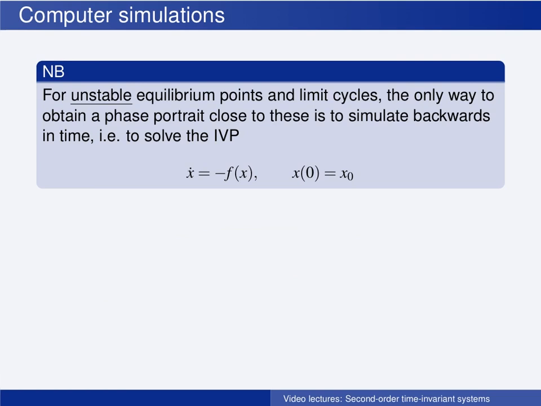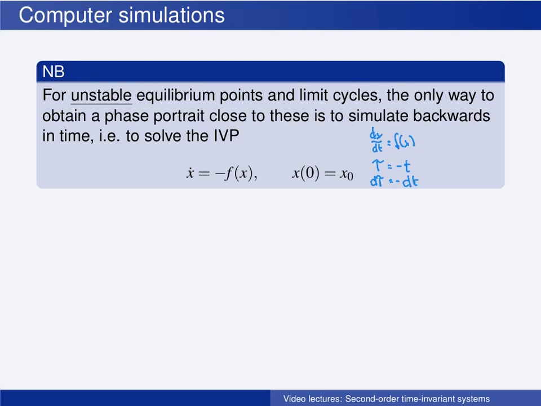So how do we simulate backwards in time in practice? Our system is described by the differential equation, the time derivative of x equals some function f of x. We reverse the time by defining the new time tau being equal to the negative of the current time t. Then d tau, of course, equals minus dt.